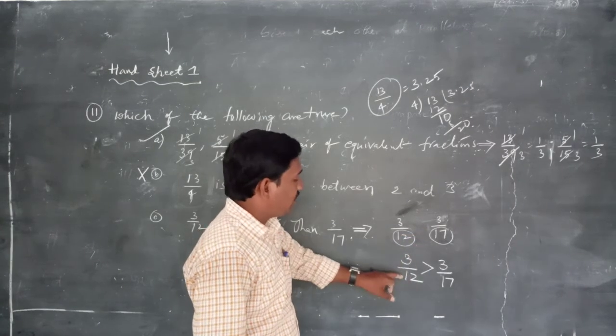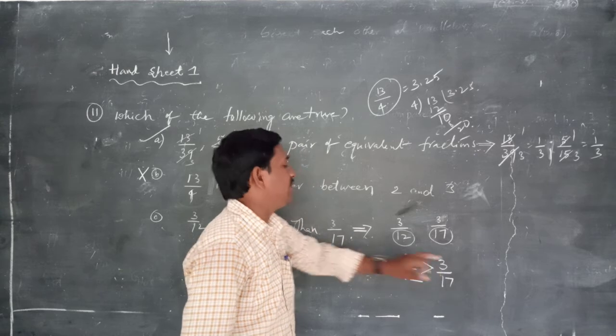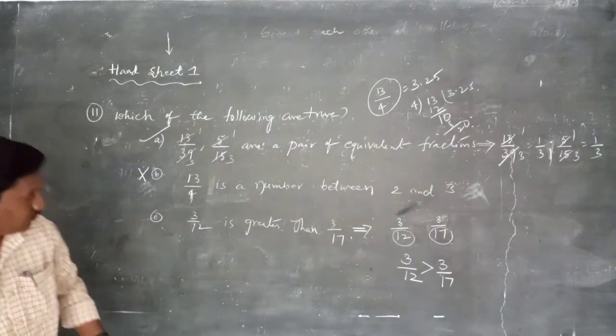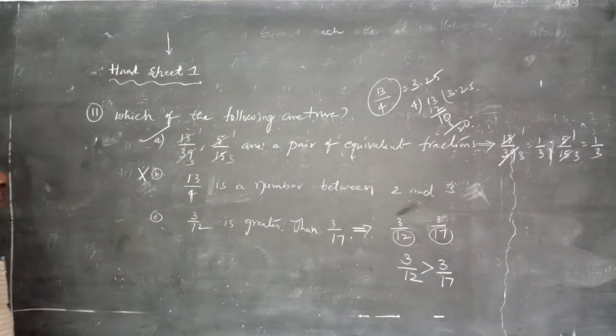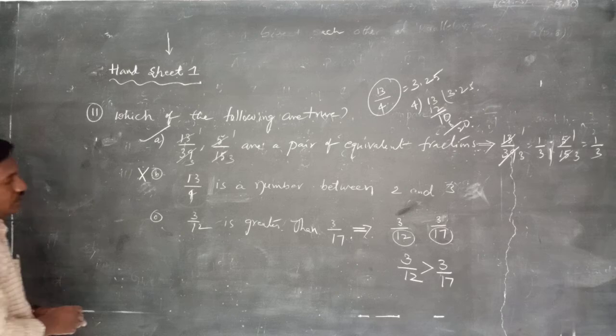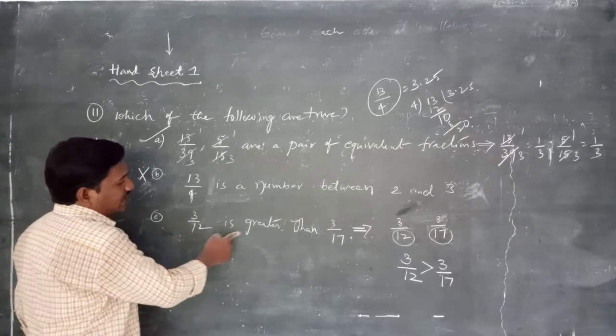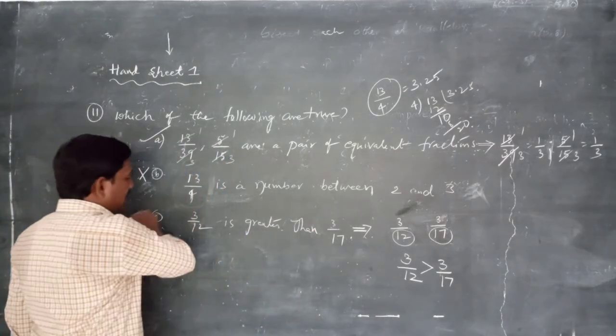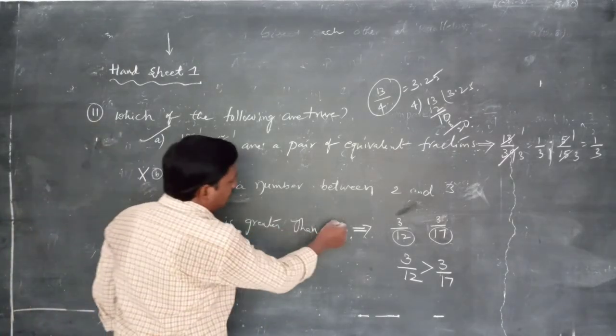So 3 by 12 is greater than 3 by 7. This is the 12th problem. Yes, 3 by 12 is greater than 3 by 7.